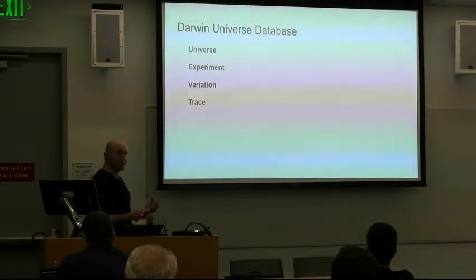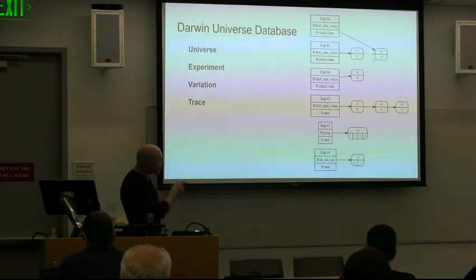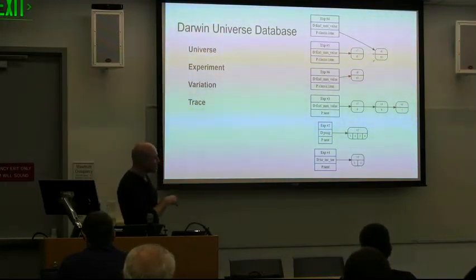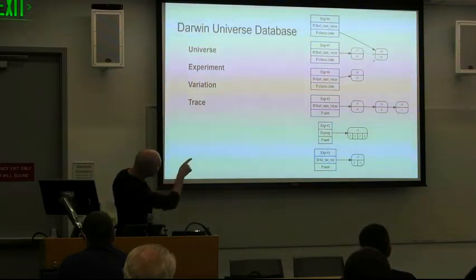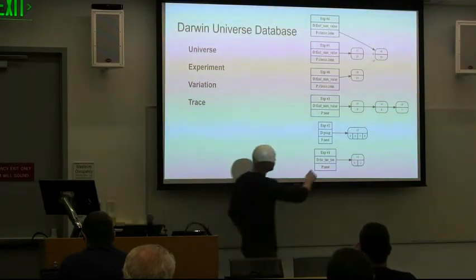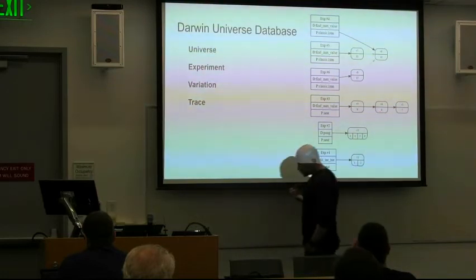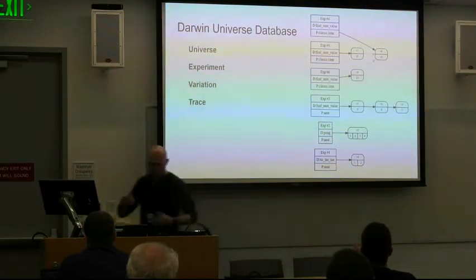And when you run it, you get a trace. The trace records the multiple generations of running that variation. This is actually produced from a script which parses a Darwin database. The blue boxes on the left are the experiments, and they point to the most recent variation. And each variation points to the previous variation, because when you tweak something, you tweak an existing variation.